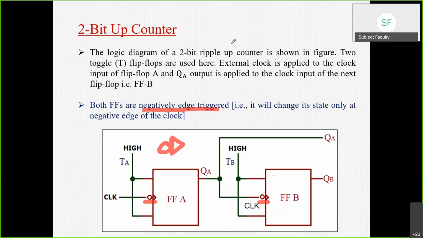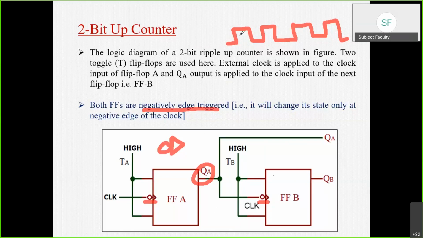We know our clock looks like this, a square wave, let's say. The flip-flop will change its state, meaning QA will change either from 0 to 1 or 1 to 0. But since it is negatively edge triggered, this change will occur only at the negative edge of the clock pulse.